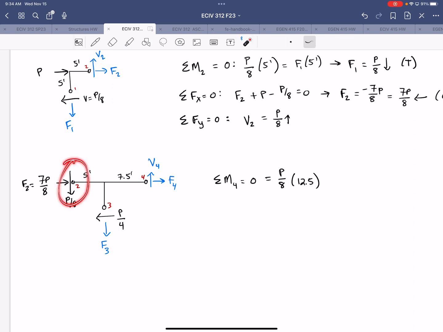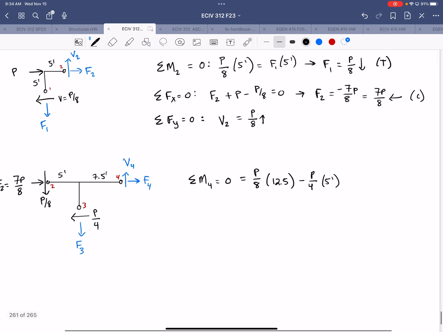So that's from the shear at hinge 2, minus the shear at hinge 3, which is P over 4, times that moment arm of 5 feet, plus the axial force in column 3, times a moment arm of 7.5 feet. So we get F3 is equal to P over 24 downward.